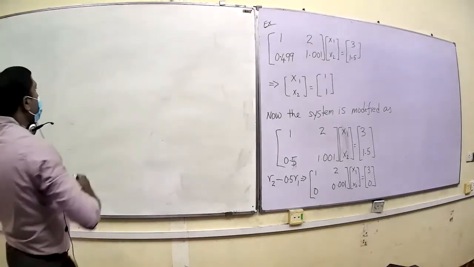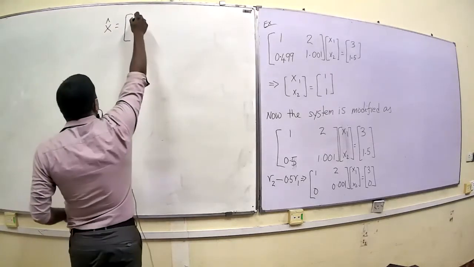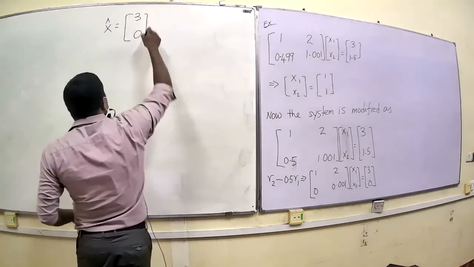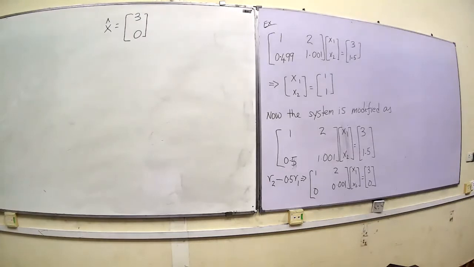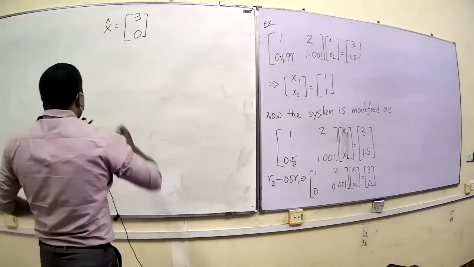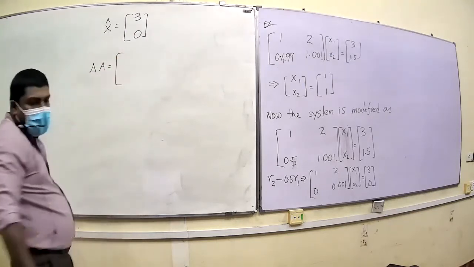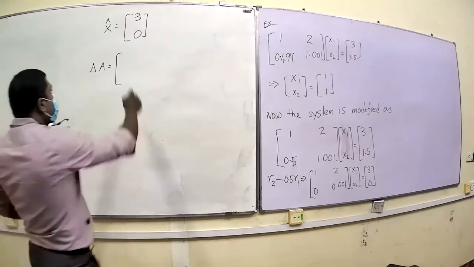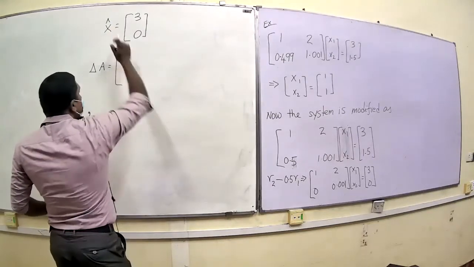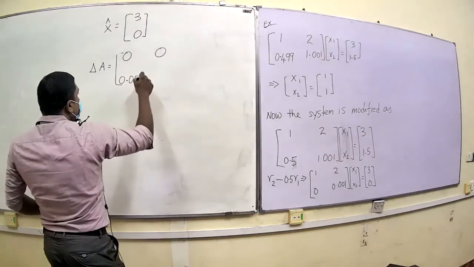Okay. So now the computed solution, I will write it as x hat. That will be 3, 0, because x2 is 0 and then x1 will be 3. This is your computed solution, right? So now you can see the perturbation in A, delta A, according to my notation, that is the error in A. So that is 0, 0, 0, 0.001.